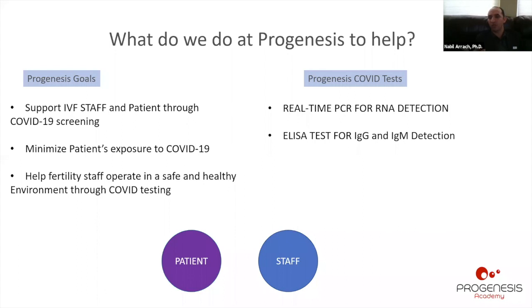And also we wanted to help the clinics by reducing the impact on their operation by allowing their staff to get tested. We have seen clinics that wanted to test their staff using antibody testing. The two tests that we currently help the clinics with are real-time PCR and antibody testing, IgG and IgM. We think IgG is the right way to get the staff and patients tested, if the clinic decides to.